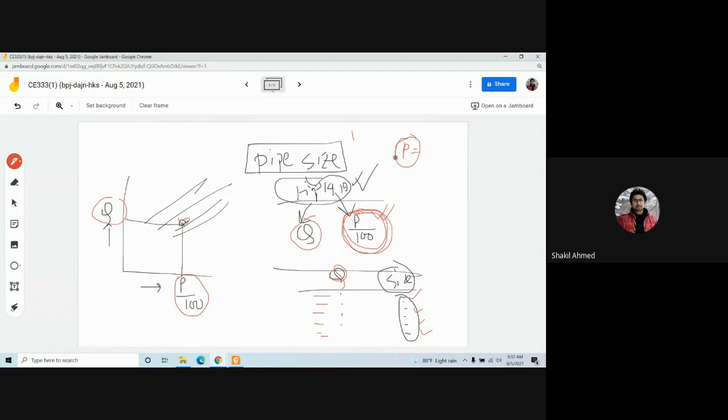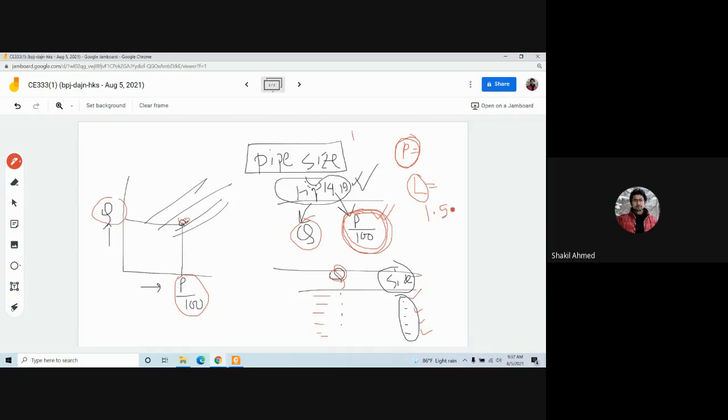So this pressure drop happens for what length? What do you do? We calculate the total length of the pipe and we increase this length 50% to accommodate the frictional loss, which we call the equivalent length.